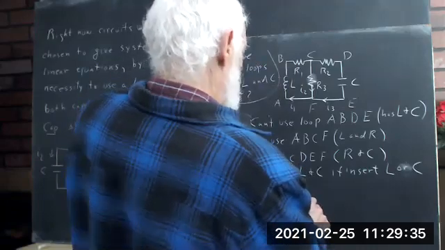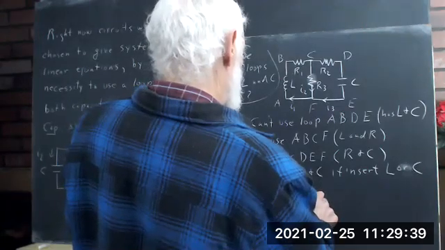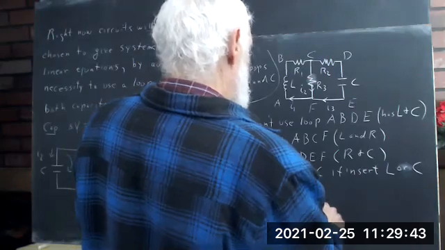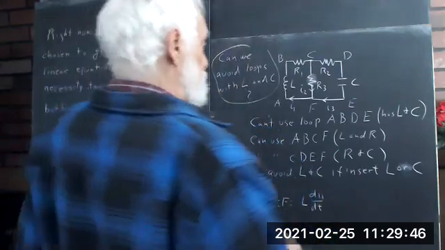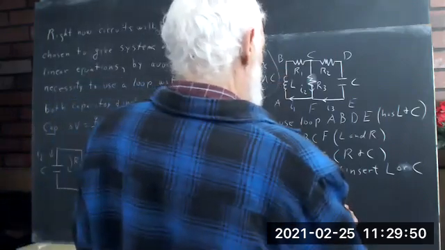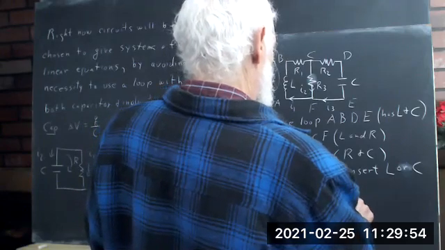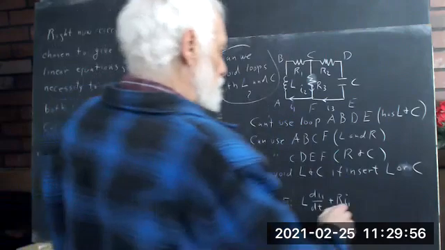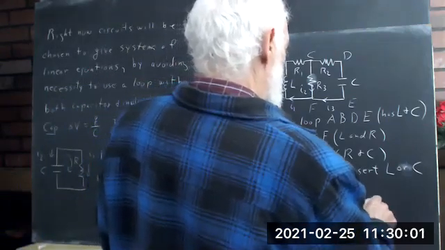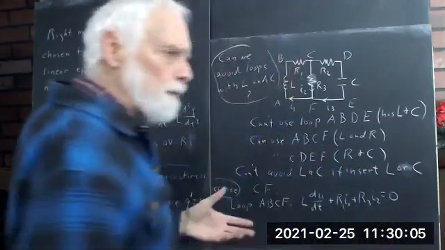And that means that L dI1/dt is the voltage drop through the inductor, plus R1 I1 plus R3 I2 is equal to 0.